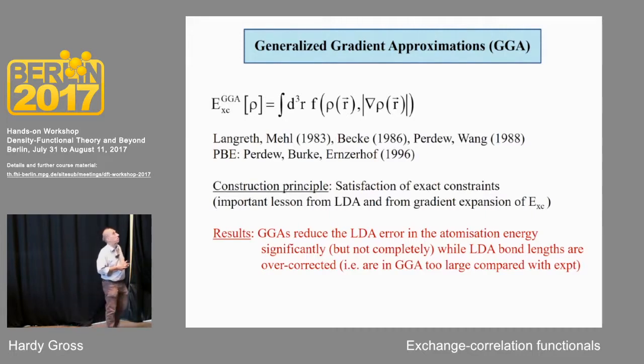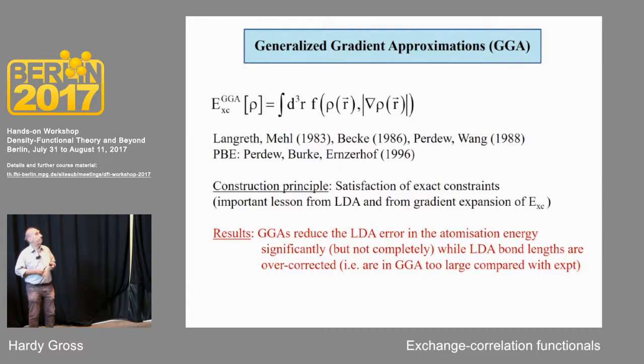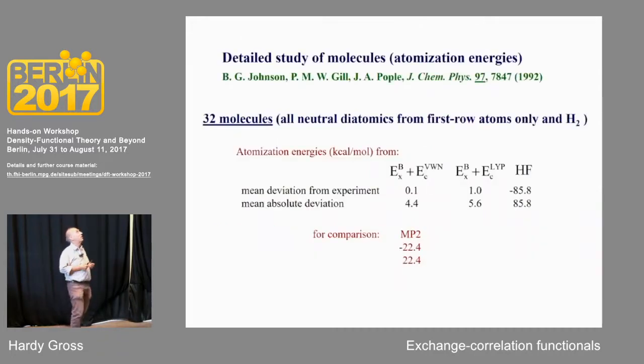So in GGA, bond lengths tend to be too large compared with experiment, while the atomization energies are still too large. And that's a problem. So for that, we need to take a step further.